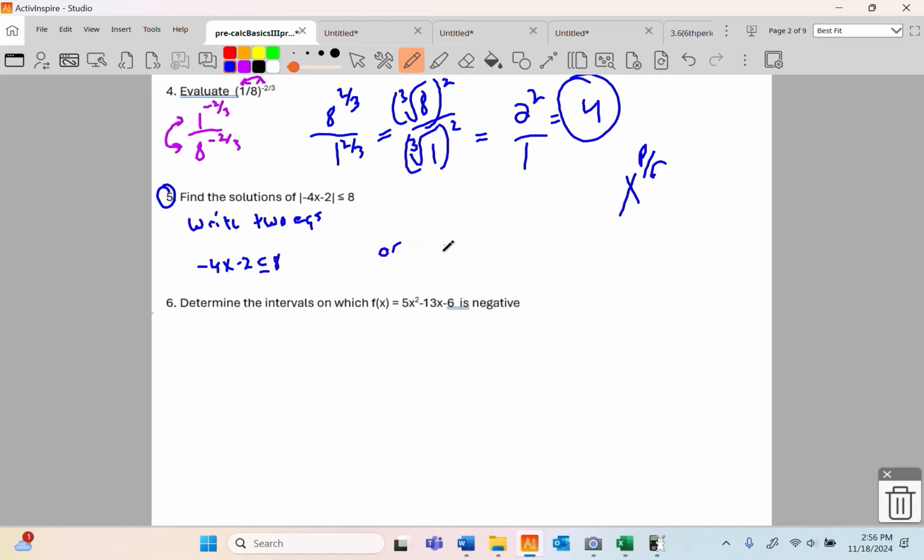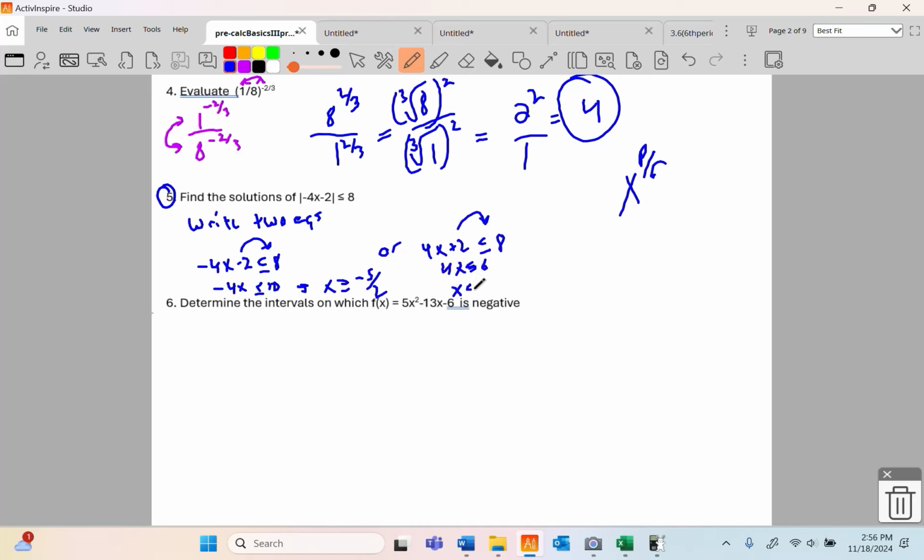Or we change signs. 4x plus 2 less than or equal to 8. And then we just do math. We add 2, we get 10. Negative 4x is less than 10. Divide out the negativity, flip the inequality. If I divide 10 by negative 4, I get negative 5/2. Subtract the 2, I get 6.